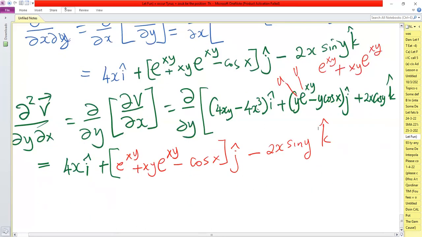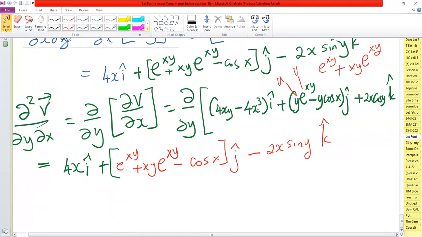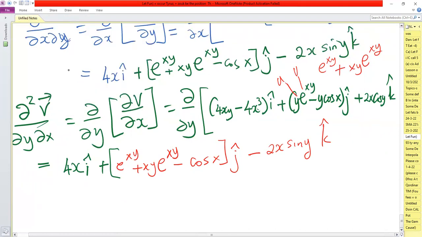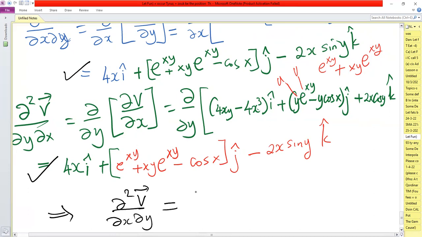Check that these mixed partial derivatives are the same. This answer and this answer actually match. So we say partial squared v partial x partial y is identical to partial squared v partial y partial x.